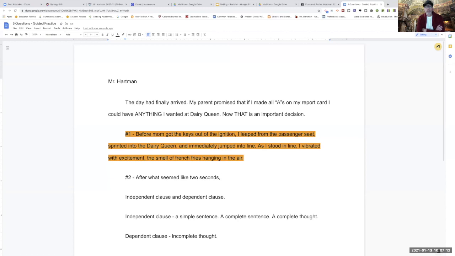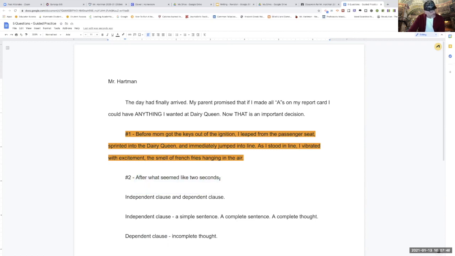After what seemed like 2 seconds. Okay, we're sort of left hanging there. This is an example of a dependent clause, and you see this a lot in complex sentences. A complex sentence has both an independent clause and a dependent clause. Most often, when you see complex sentences, they usually begin with the dependent clause. Not all the time, but most of the time. So, after what seemed like 2 seconds.